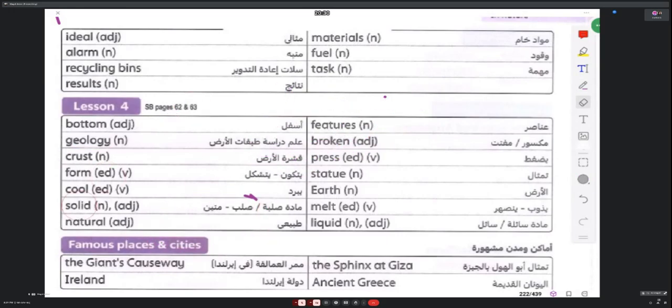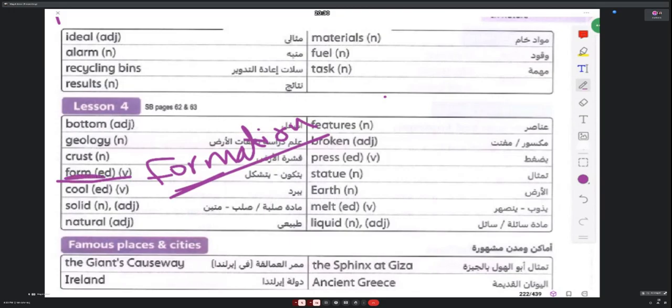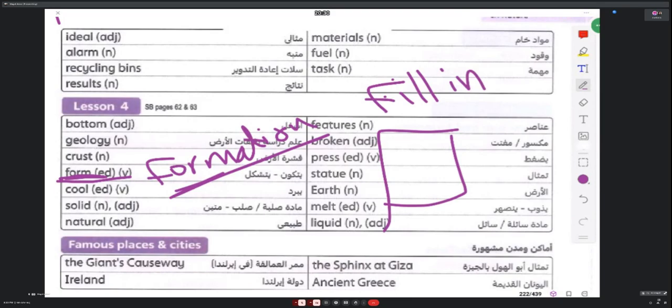Formation is the noun of form. Form, as a verb, means to form something, to build something. Form as a noun means a form: fill in the form, that means you write information in it.